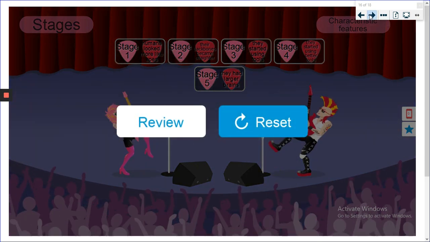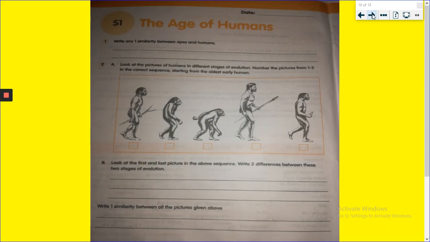Now we are coming to the worksheet. Now it is worksheet time. Okay, now I'll explain what you have to do. Question number one, write any one similarity between apes and humans. What is their similarity, apes and humans? The similarities between apes and humans, some common features about them in the stages of evolution, are that they had flexible hands and feet, good eyesight and strong teeth.